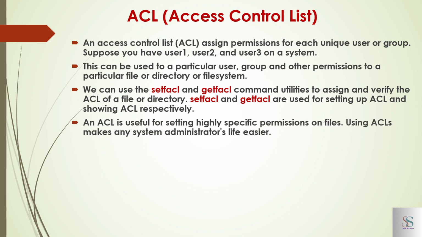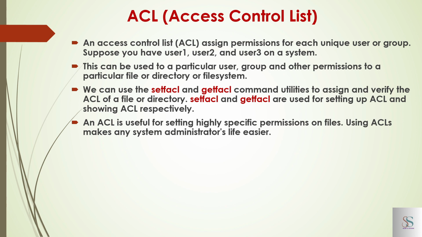An ACL is useful for setting highly specific permissions on files. Using ACLs makes any system administrator's life easier. Why? Because if a new user comes into the project and that particular user should have only read access for a particular file, unlike other users, we can give that user read access to the file or directory using the setfacl command.